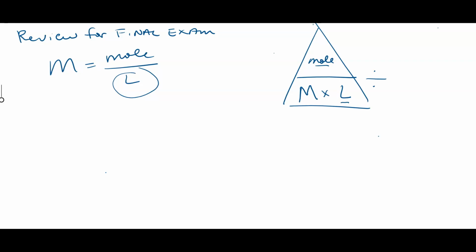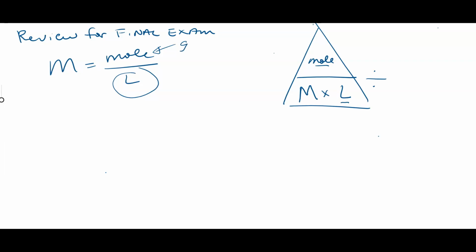So let's try a simple problem. You might be given grams and you have to change to moles first, and then you can do molarity. So let's keep it simple in this problem, but if you see grams, then change it to moles first before you start. Okay.